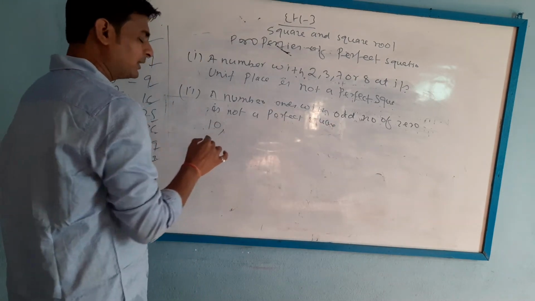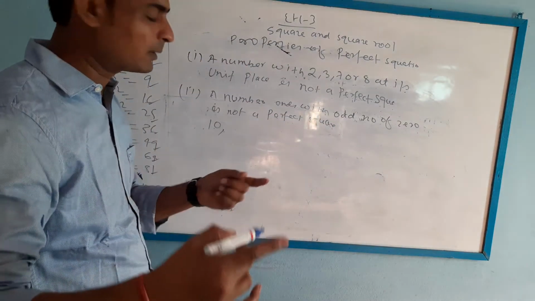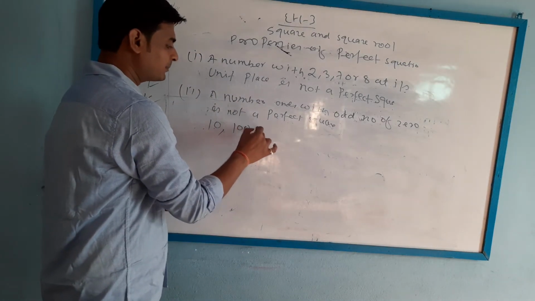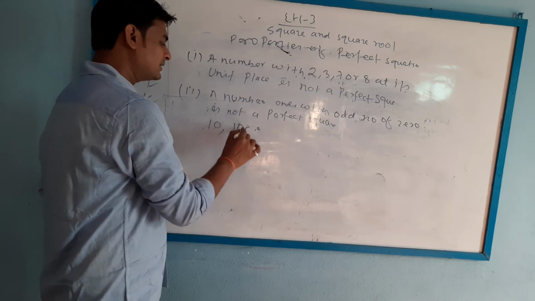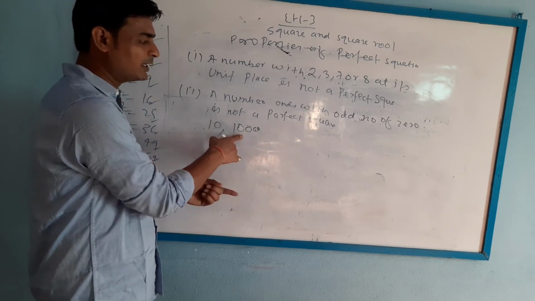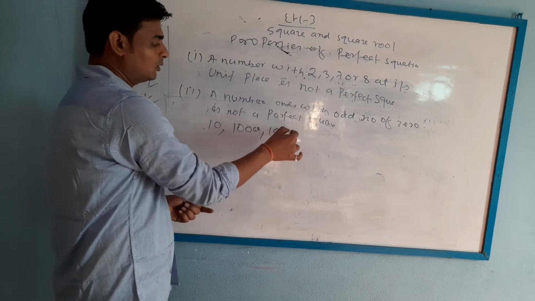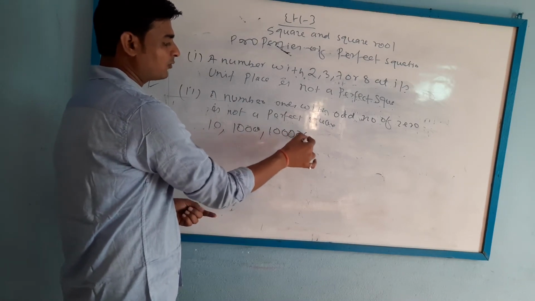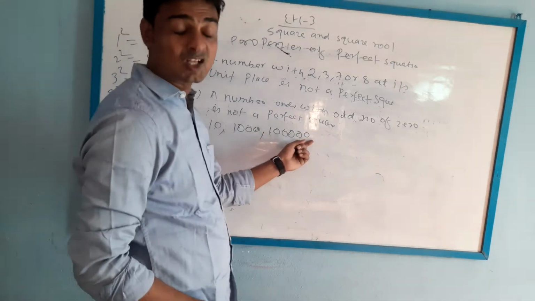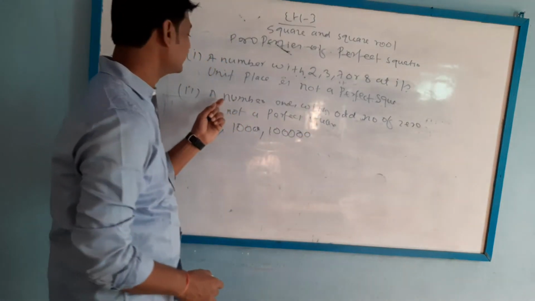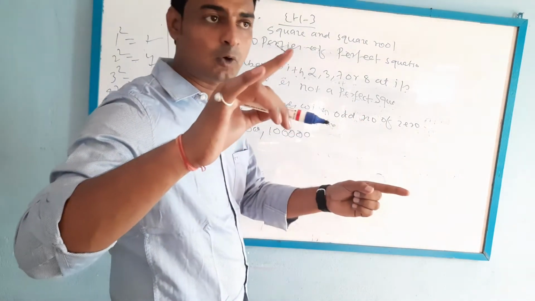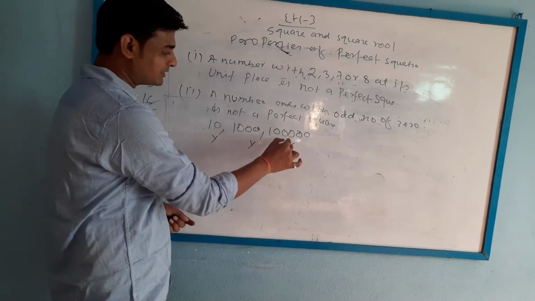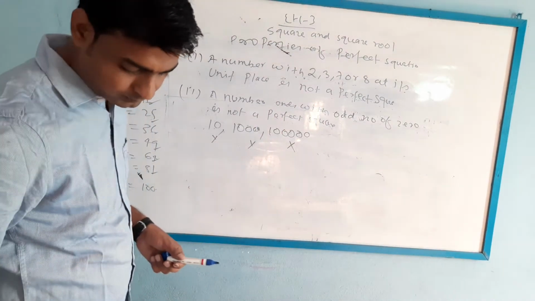Suppose 10, we can say that 10 is not a perfect square because here is a 1 and a single 0. 100 is a perfect square. 1000, here the number of 0s is odd, so it is also not a perfect square. Number of 0s 3, 5 are also not perfect squares because this is a property. A number that ends with an odd number of 0s is not a perfect square.